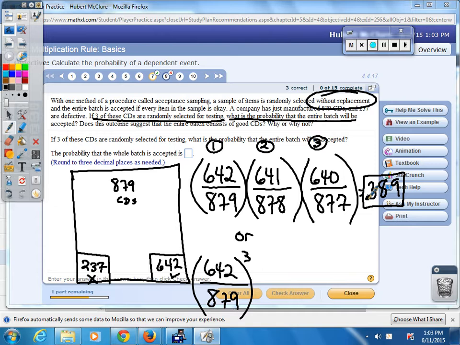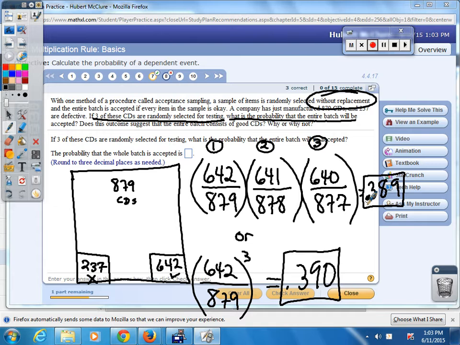Okay? If everybody got 0.389, take 642 and divide by 879 and raise it to the third power. See what you get. Raise it to 3 digits. 0.390. Okay, it's not supposed to do that. It's the same thing, because both of them are 390. The main thing is that you see that if you got very high 3-digit numbers or above, does it matter which way you do it?